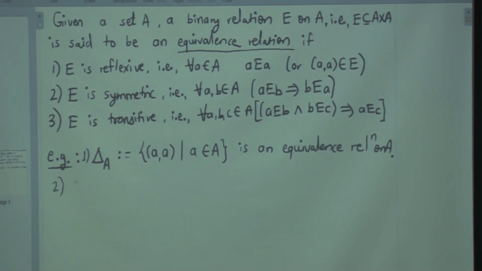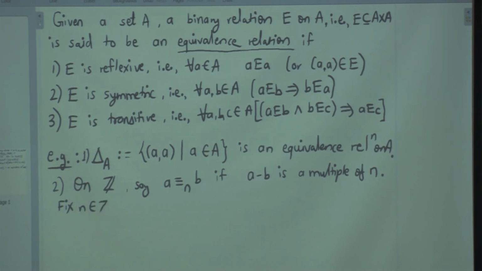So on Z, say, A is n-equivalent to B if A minus B is a multiple of n. Here I am saying fix n, which is a positive number.